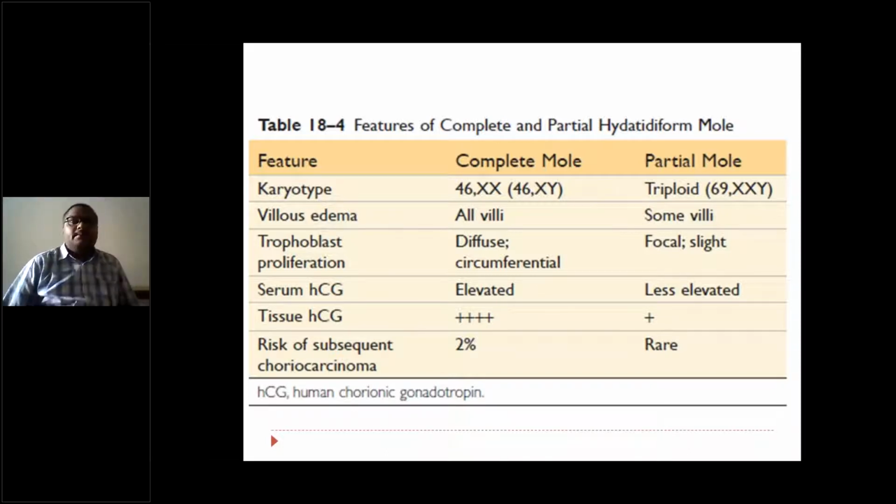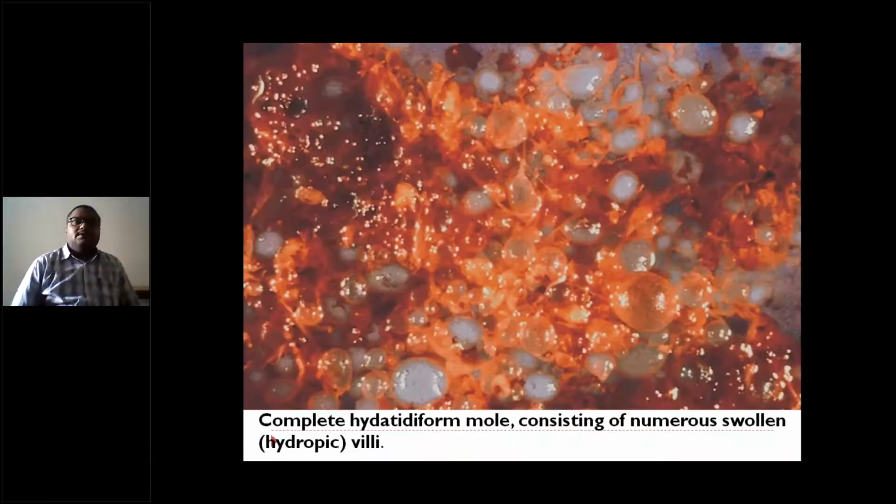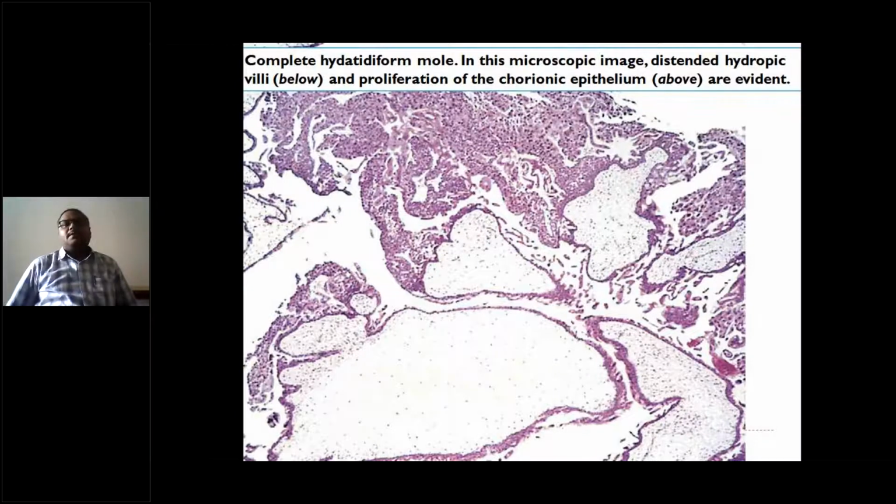The risk of subsequent choriocarcinoma is 2% in complete mole, whereas it is rare in partial mole. So remember all the differences: karyotype, villus edema, trophoblast proliferation, serum HCG, tissue HCG, and subsequent choriocarcinoma.